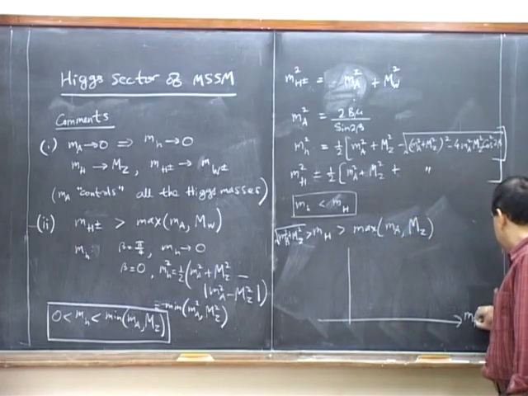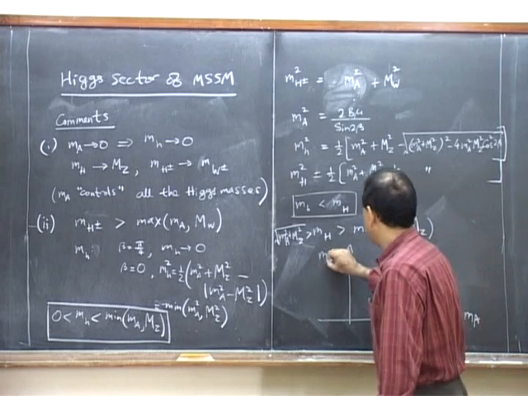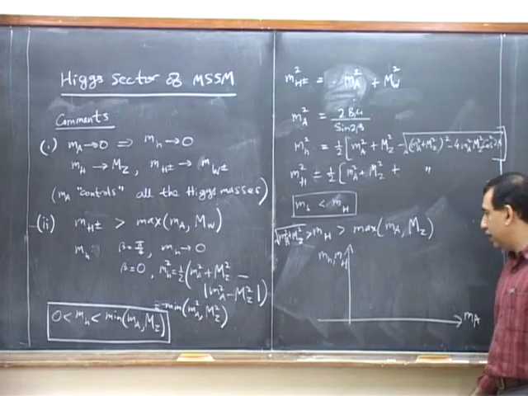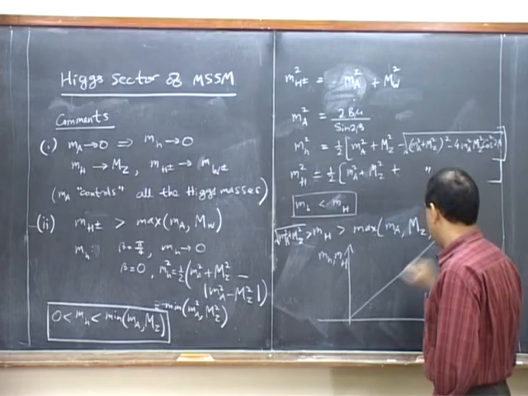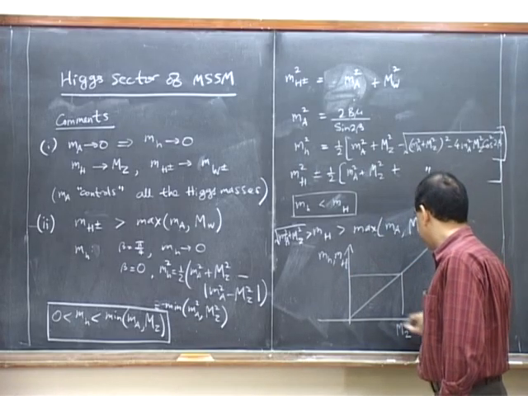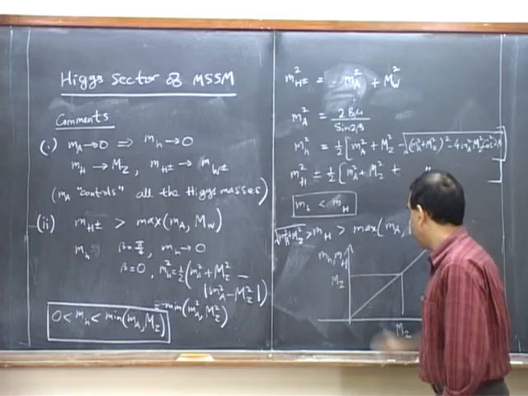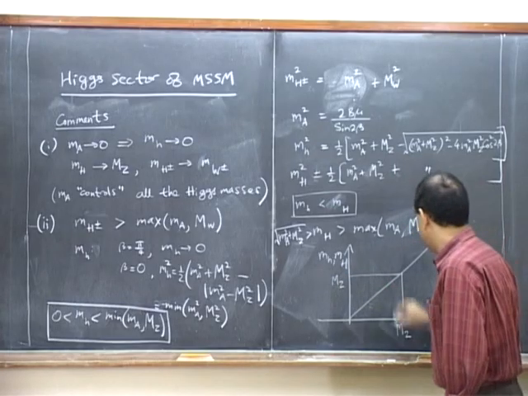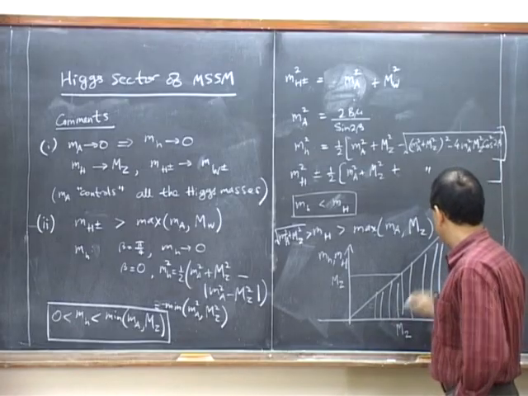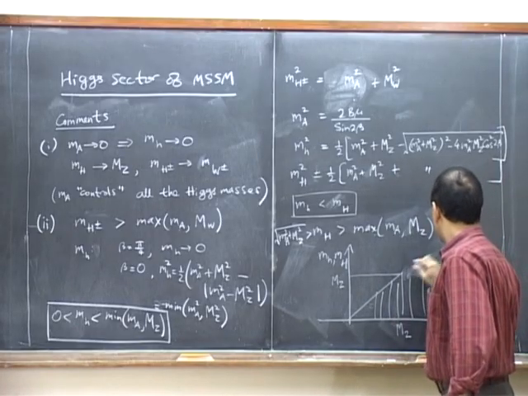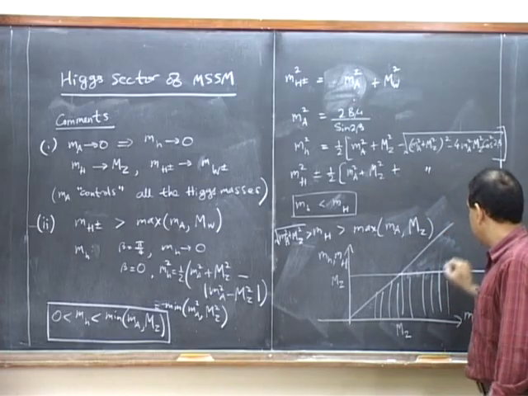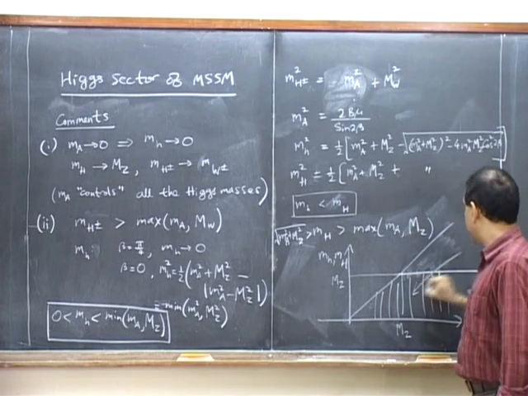Here is MA, and here I'll indicate the range of values for small h and capital H. The way we'll do it is we draw this line at 45 degrees, and then here we put the mass of the Z. And the claim is that this lighter one, small h, can lie in this, this is a horizontal line. So this is the region where MH can lie.